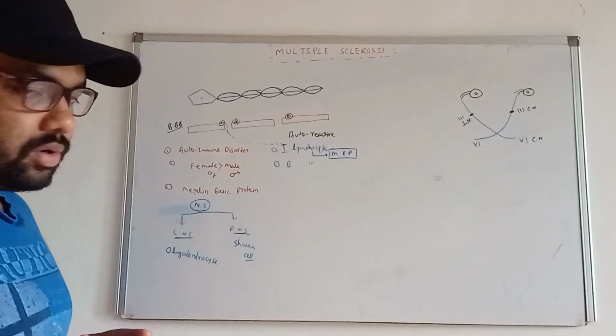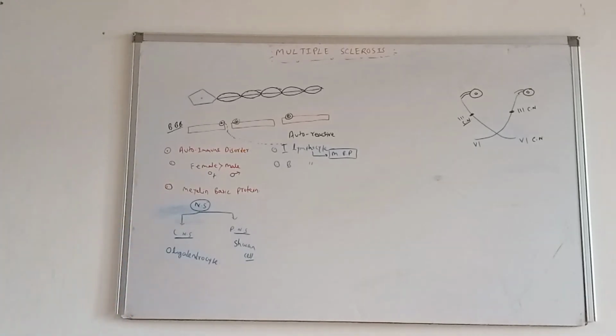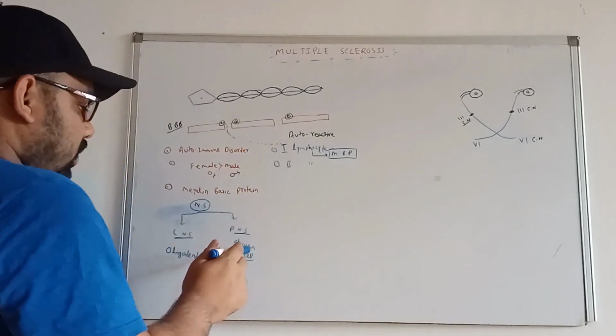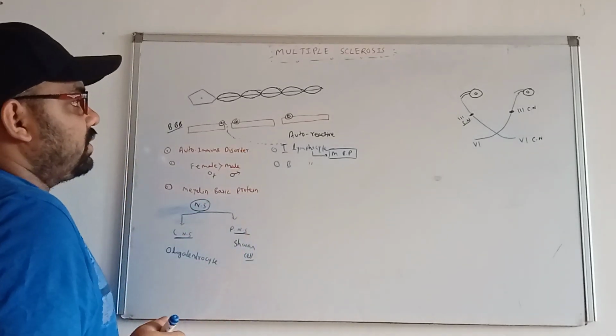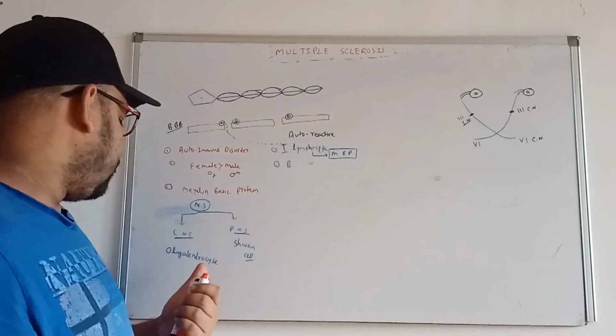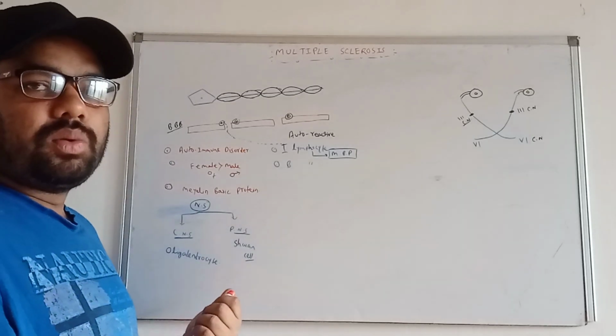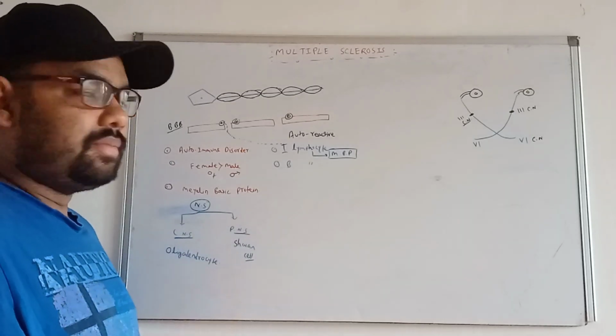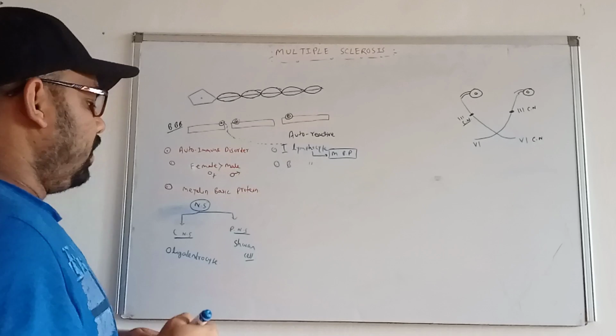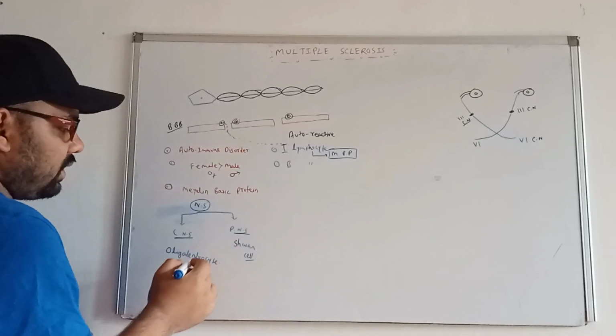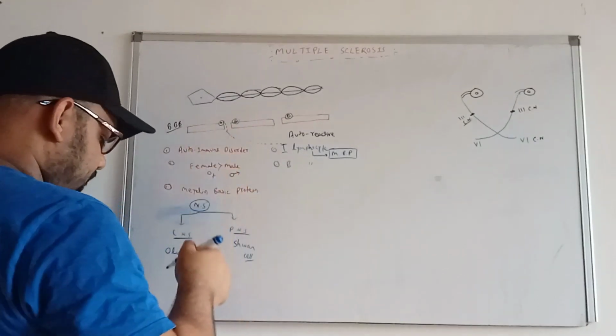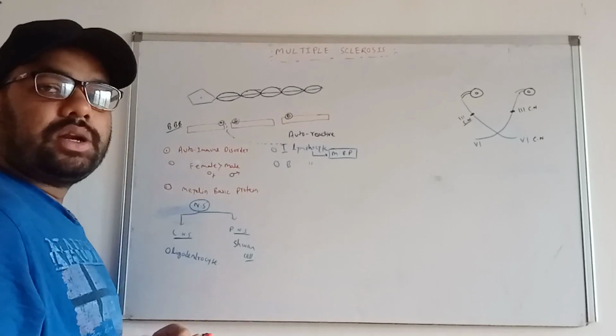Now, wait a minute, let me correct it. Okay, yes. The Schwann cell forms the myelin sheath within the peripheral nervous system, and the oligodendrocyte forms the myelin within the central nervous system. Now, what is the function of the myelin over here? The function of the myelin is saltatory conduction.